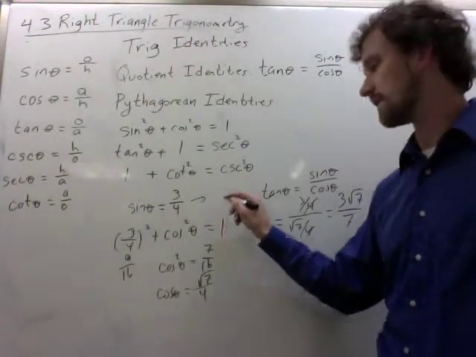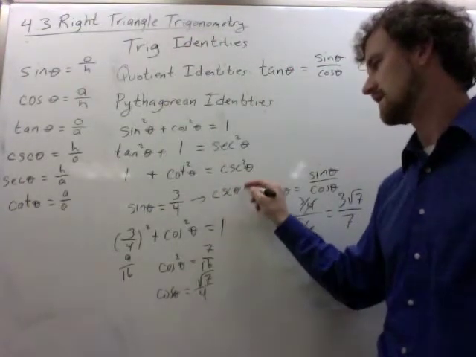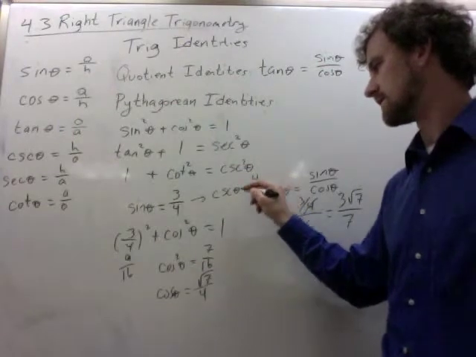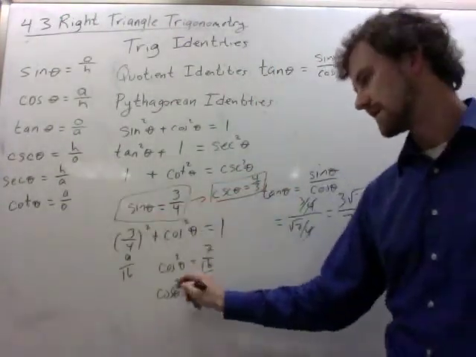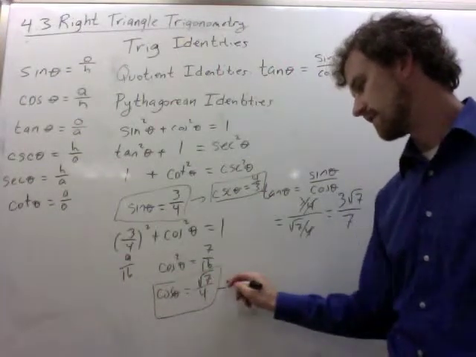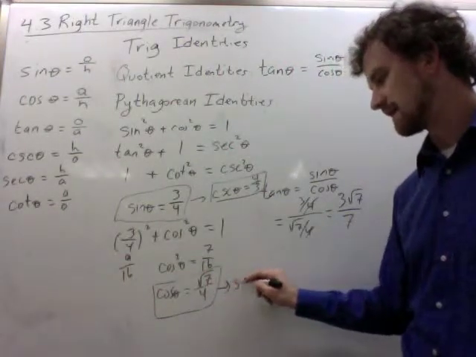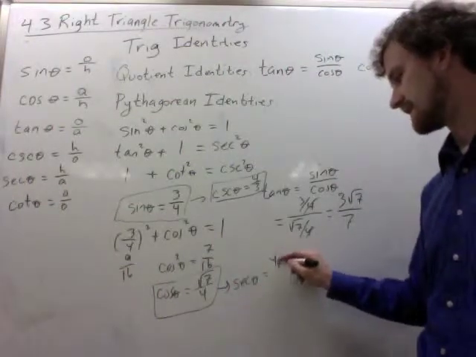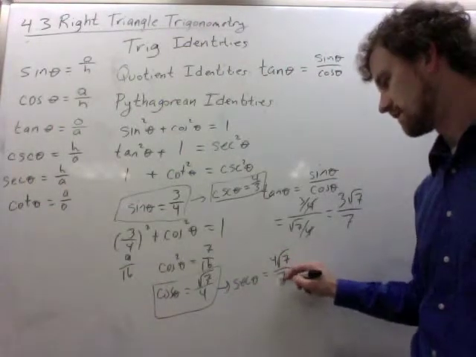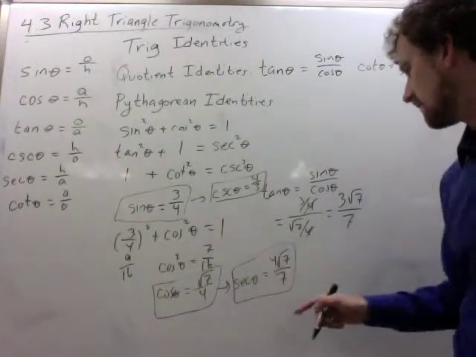Sine of theta is 3/4, which means that cosecant is 4/3. Cosine of theta is root 7 over 4, which tells us that secant of theta is 4 over root 7, which rationalizes to 4 root 7 over 7.